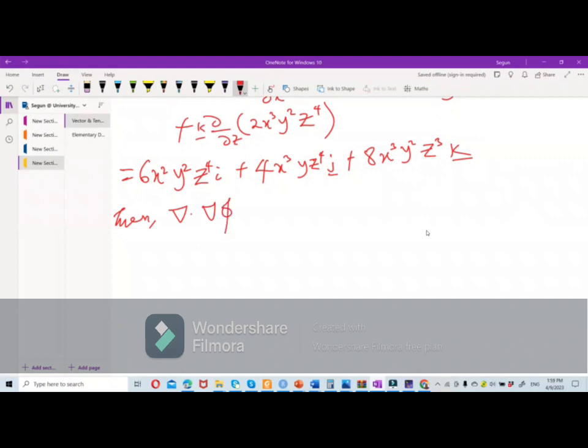It simply means we need d/dx i plus d/dy j plus d/dz k, dotted with, open the bracket, everything you have up there, the one you just calculated now.